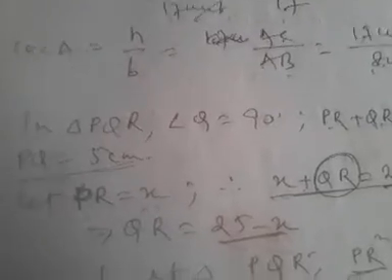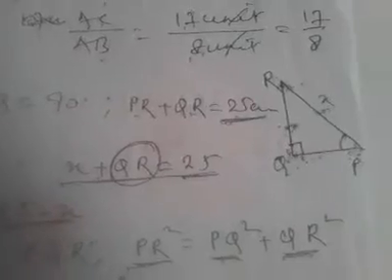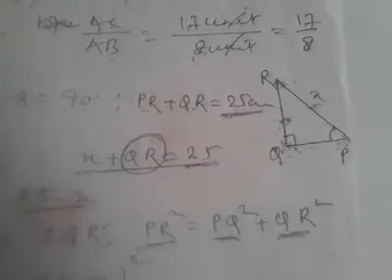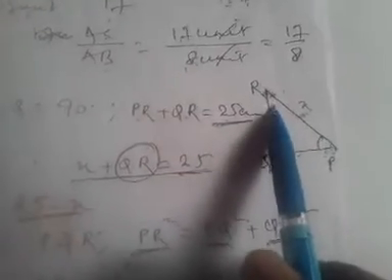Now, the last question of exercise 8.1, which I am going to explain to you. Here, the relation is given between some sides, that PR and QR when added become 25.